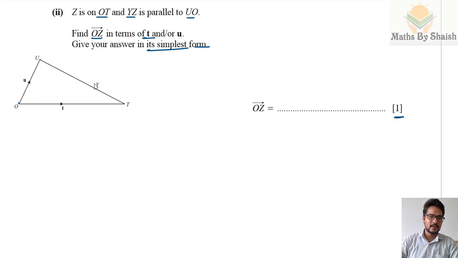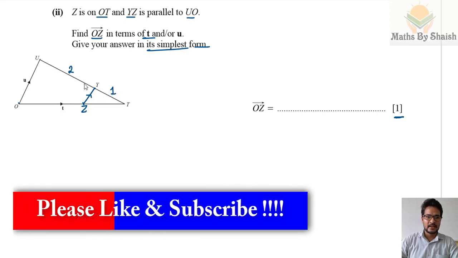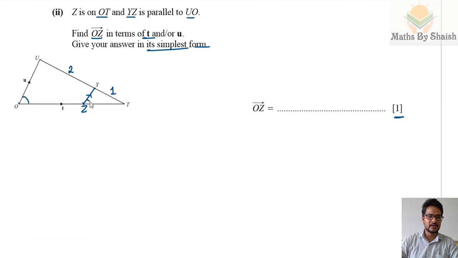It means if we draw the scenario, it is going to be parallel to OU. This would be Z. Since from the question it is given that UY and YT are in the ratio 2:1, we got two similar triangles, because these two angles are equal, corresponding angles, and these two are also equal. So by AA they are similar.